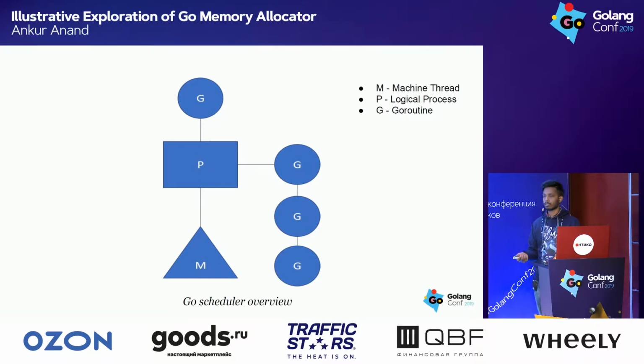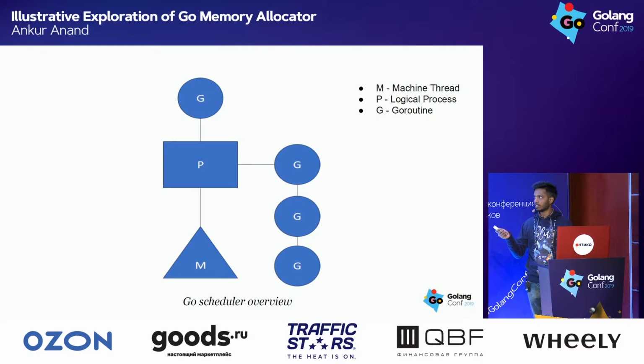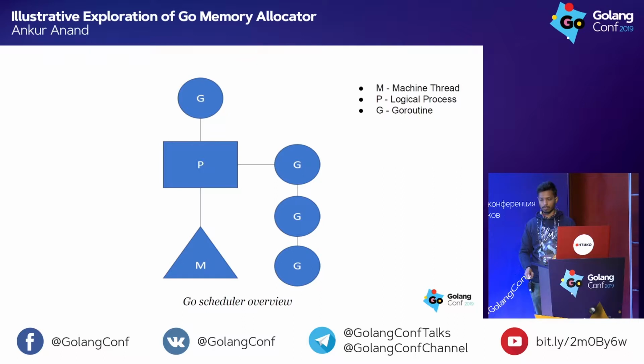If you do not tweak the Go settings, if you have 4 cores, that means there will be 4 logical processors running inside the runtime. And only one goroutine can run on a P at any given time. So how do we deal with this?